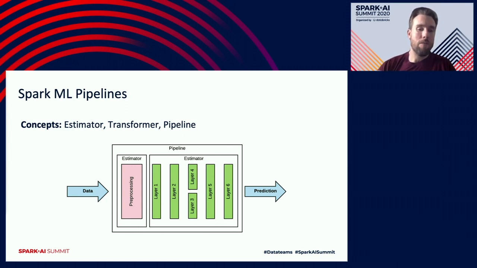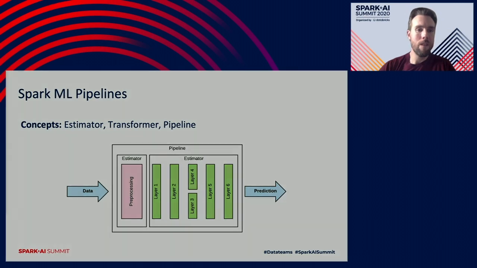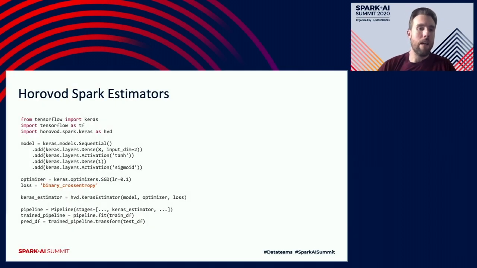Ideally, we'd like to fit both these pre-processing steps as well as the actual training of the model into a single one of these Spark pipelines so that we only have to call fit once. And what that enables us to do is very quickly iterate on the feature transformation and the model training together without having to move between separate contexts or environments in order to do so. And that's where Horovod Spark Estimators comes in.